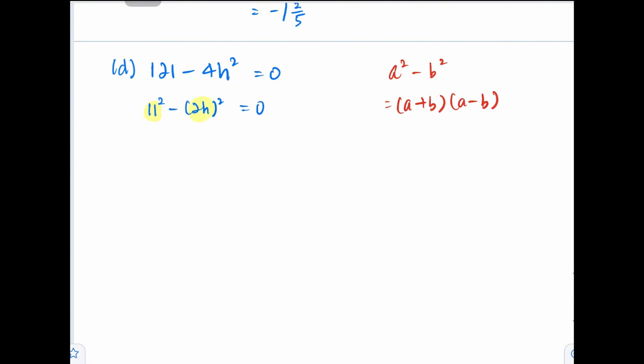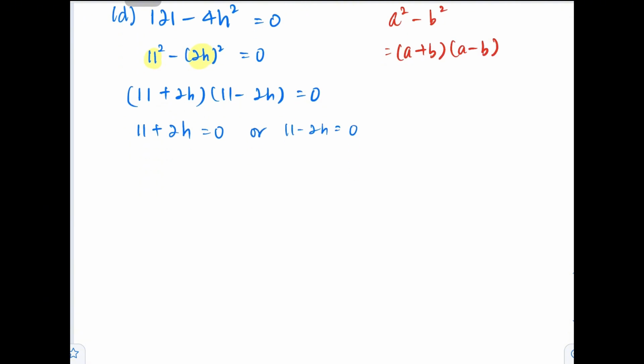So I'm going to factorize it to a plus b and a minus b equals to 0. So in order to solve this, I would have 11 plus 2h equal to 0 or 11 minus 2h equals to 0.